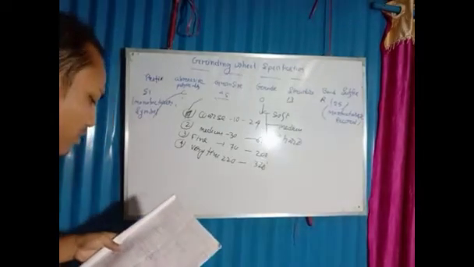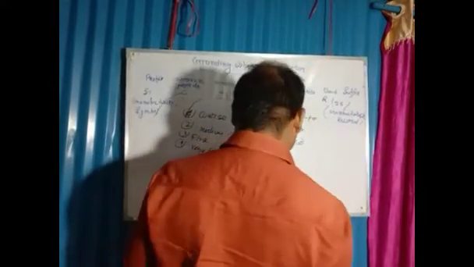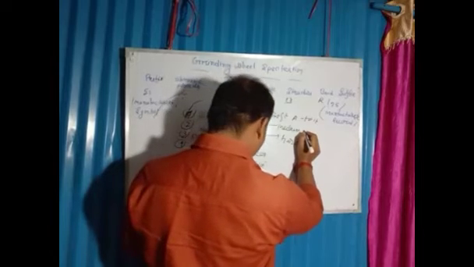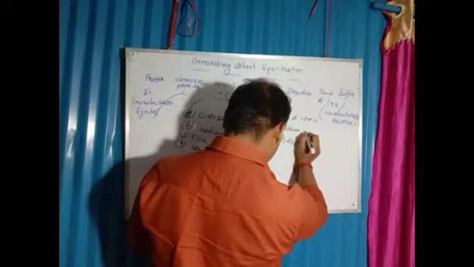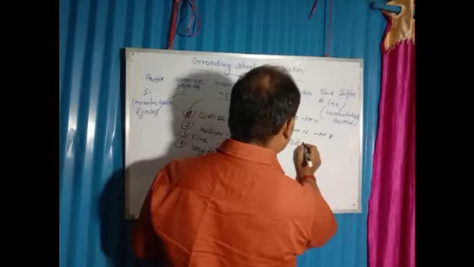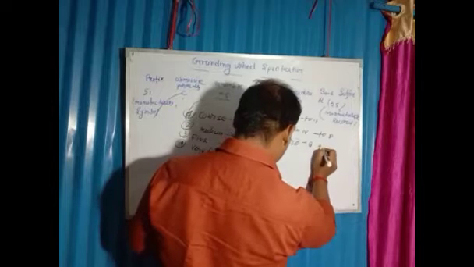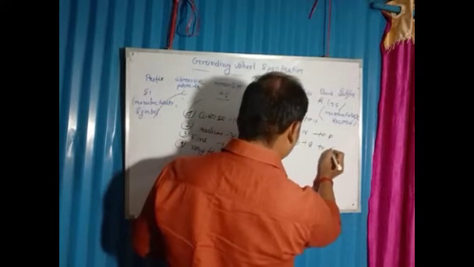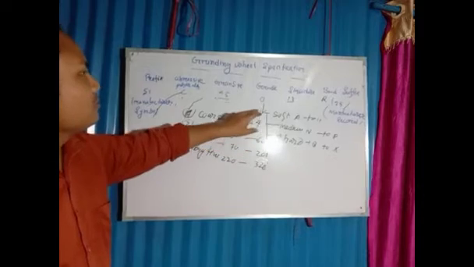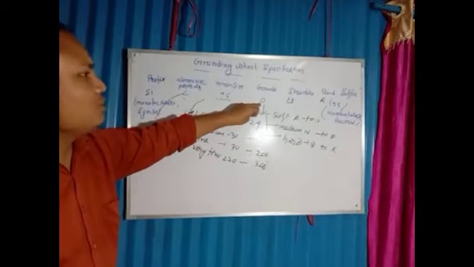Generally soft is denoted by A to H. Medium is denoted by N to P, and hard is denoted by Q to X. So here we can understand the grade is denoted by this letter.